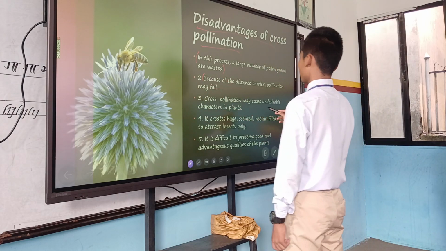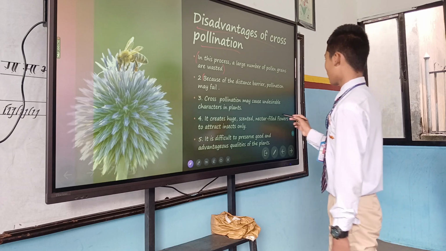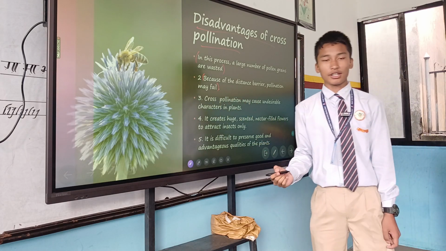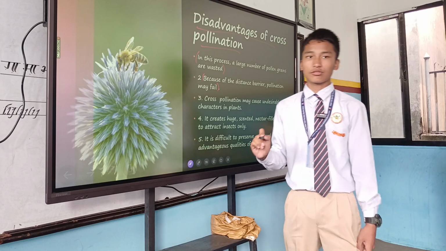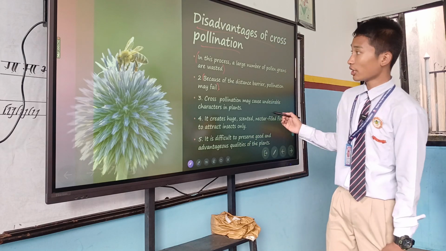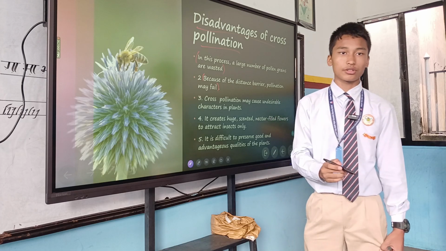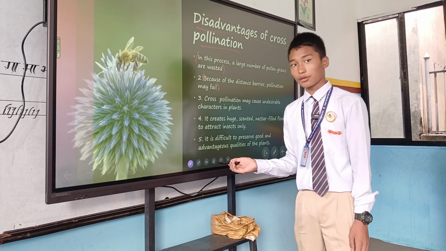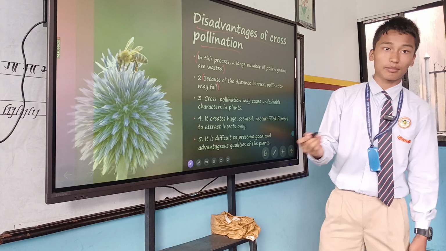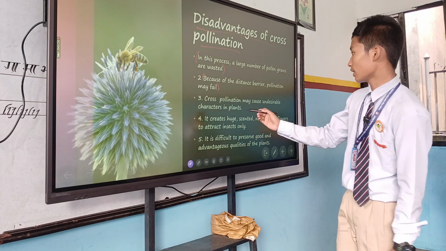Second, because of the distance barrier, pollination may fail. In self-pollination, the pollen grains enter the same flower or plant, but in cross pollination they need to transfer from one plant to another, so pollination might fail because of the distance barrier.